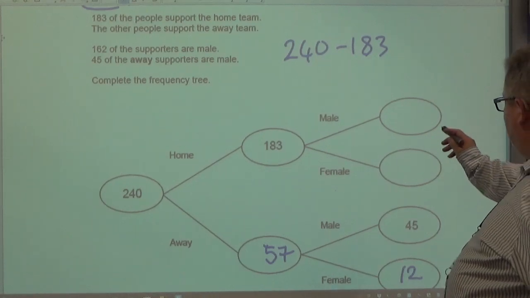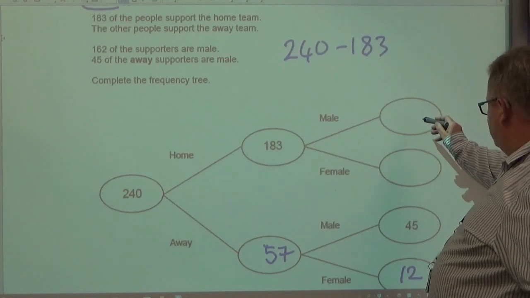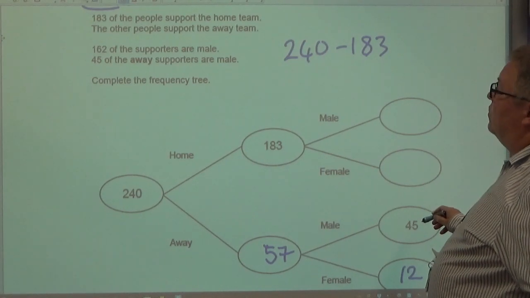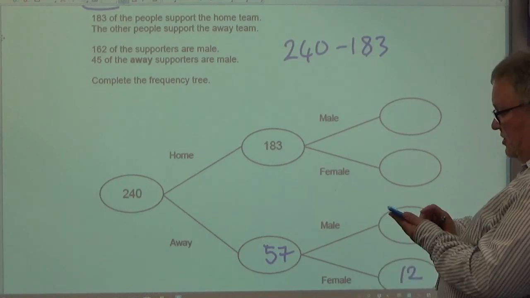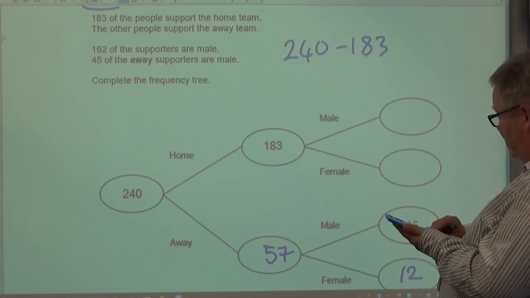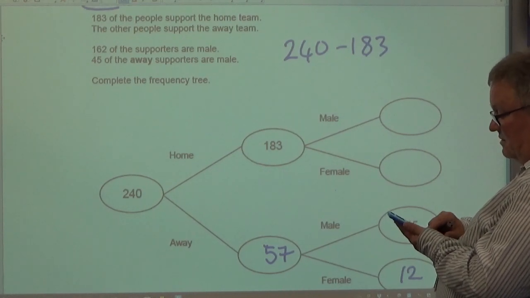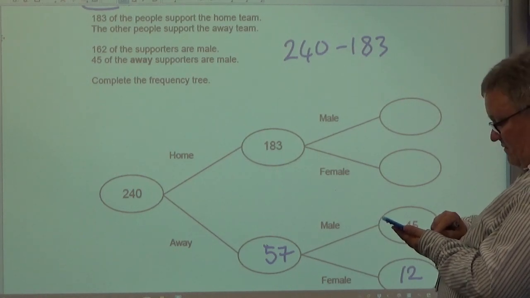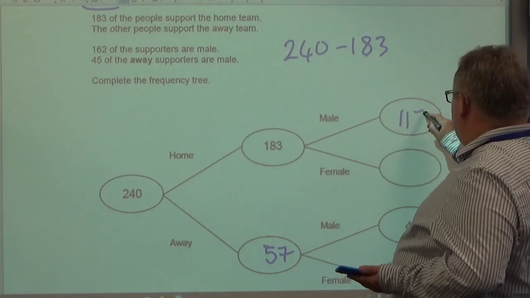And then up here we know that there are 162 supporters that are male. Use your calculator, it's important to do that. 162 minus 45 is going to give us 117 there.